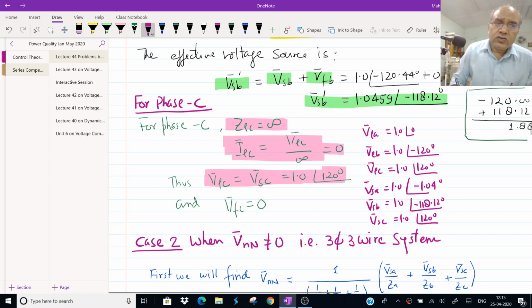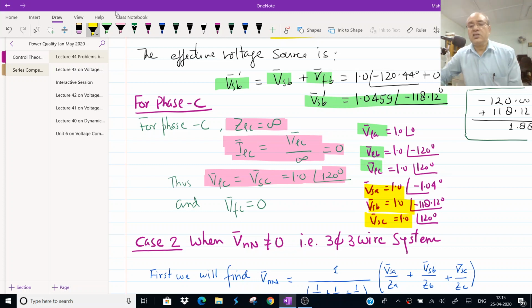But you may ask a question: well, I have specified these voltages, and for this specification we have found that the source voltages are like this. While their magnitudes are 1.0 per unit, which is fine, who will adjust these phases? Who will adjust these phases? You need this modification in the phase angles, a relative phase shift of around 2 to 3 degrees or sometimes 4 degrees and so on.